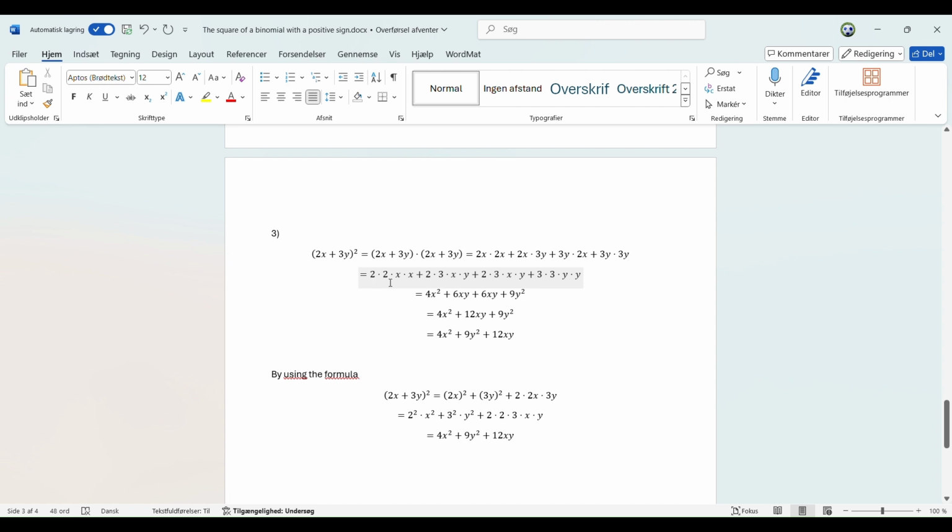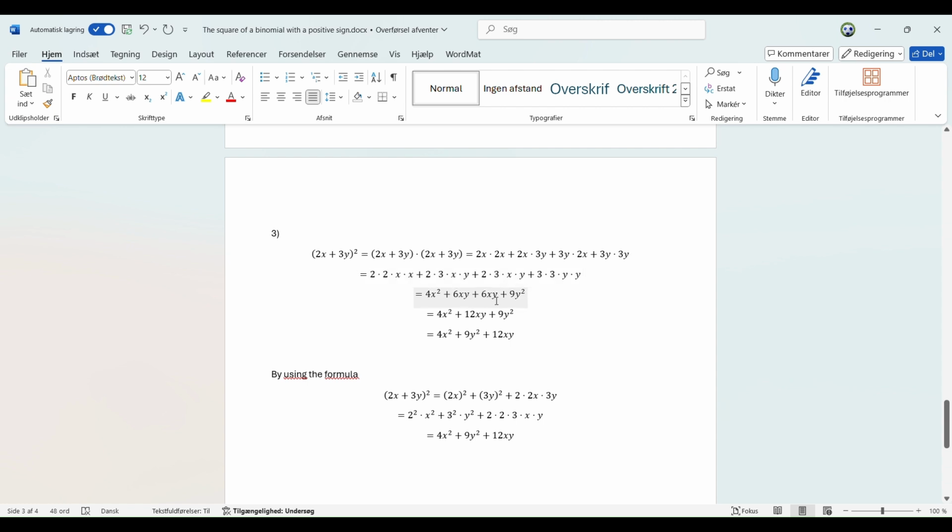2 times 2 is 4. X times x is x squared, so we get this term from this term. Then we once again look at how many times we have this term: 2 times 3 times x times y. We've got it 2 times, so we multiply it by 2. So 2 times 3 is 6 times x times y, and 2 times 3 is 6 and x times y.